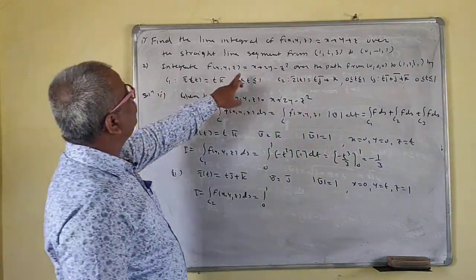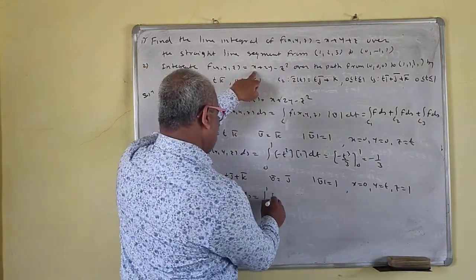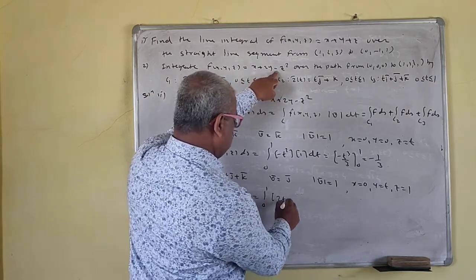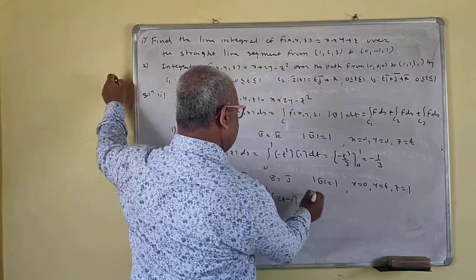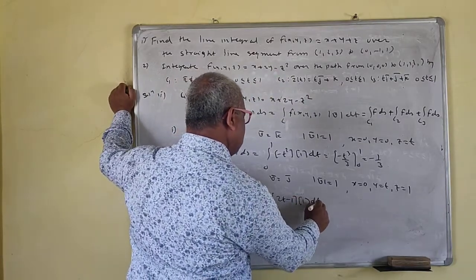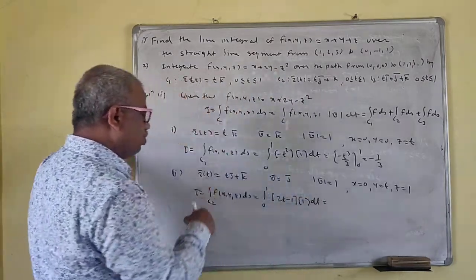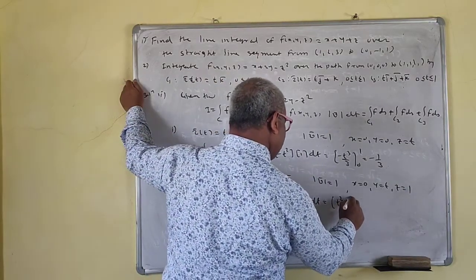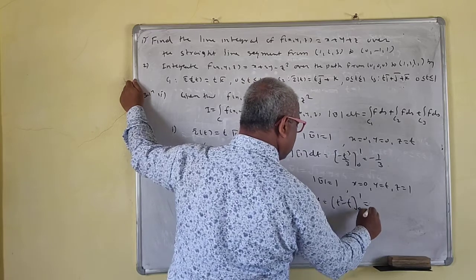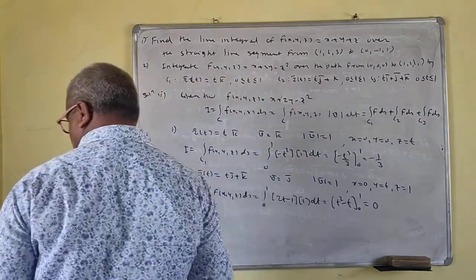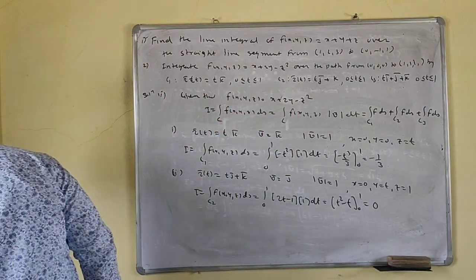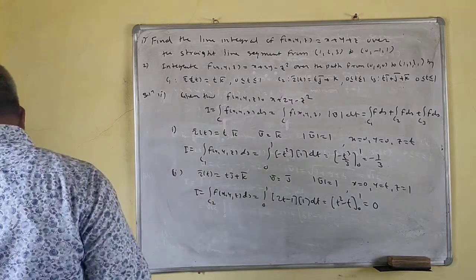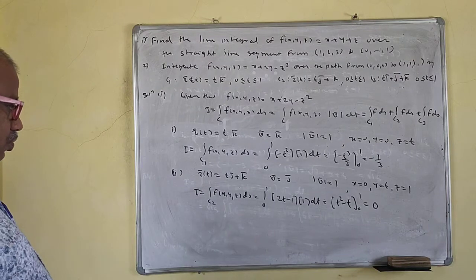We'll put it here: this is 0, this is 2y, means 2t minus 1, and this is 1 dt. So this is t square minus t, from 0 to 1. So this integral is 0.